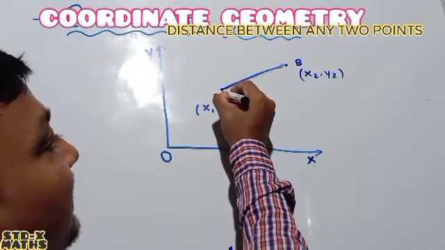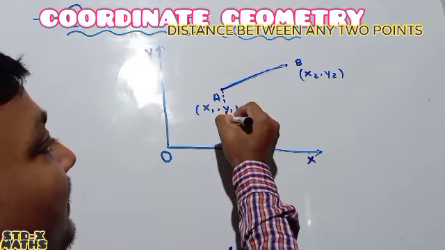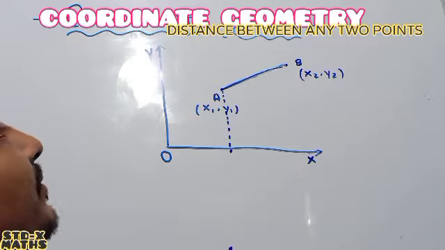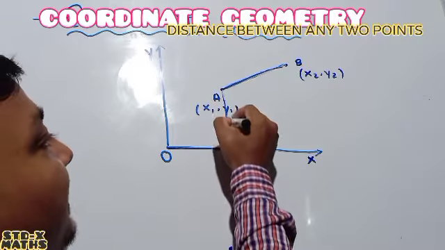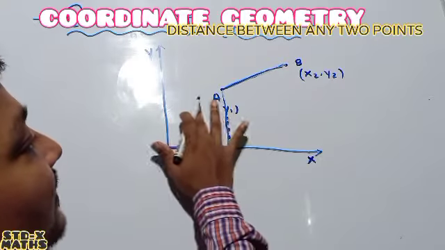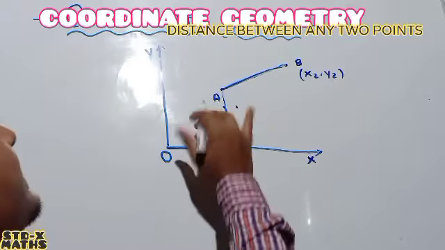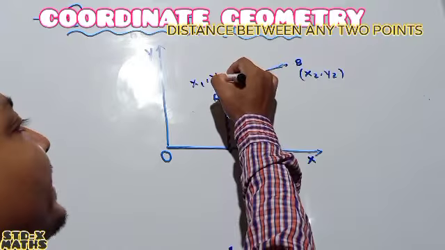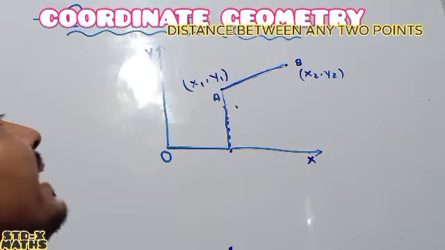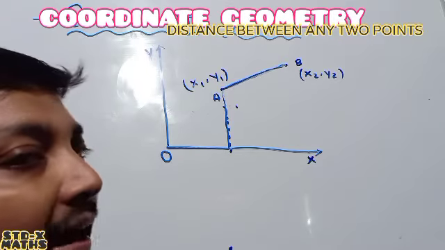See, everyone see, it means this distance. Here it is one distance, here it is another distance. Here I am writing the coordinates on this side. The coordinates of the point A are x1 and y1.